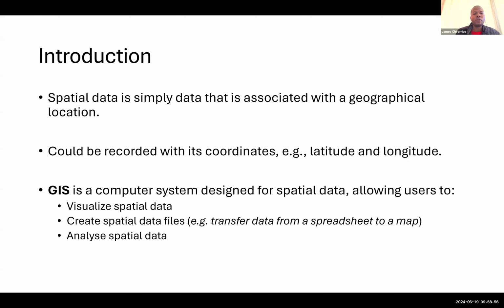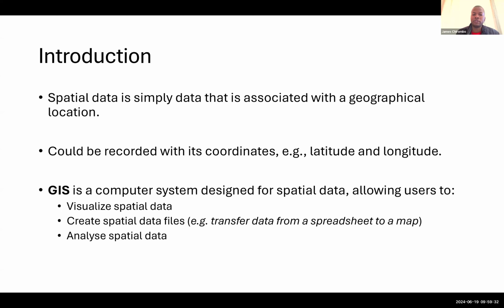So to begin with, when we talk about spatial data, we're simply referring to data that is associated with a geographical location. And every day we do work with data, but if our data somehow is associated with a geographical region or location, then we are talking about spatial data. These locations could be coordinates such as latitude and longitude. And when we put everything together, when we talk about GIS, it's just a computer system which is designed to handle this spatial data.